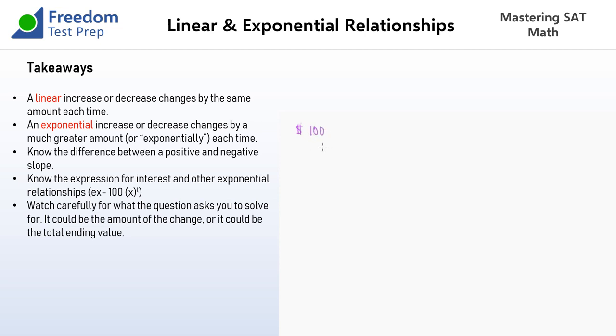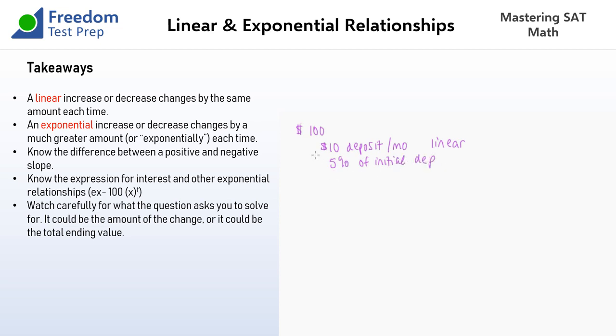And every month you make a $10 deposit per month. Well, we already know this is linear. It's going up by $10 every month. But what if they said you make every month a deposit of 5% of the initial deposit?